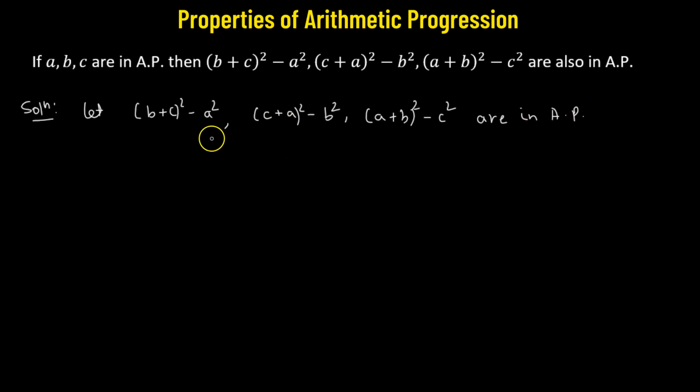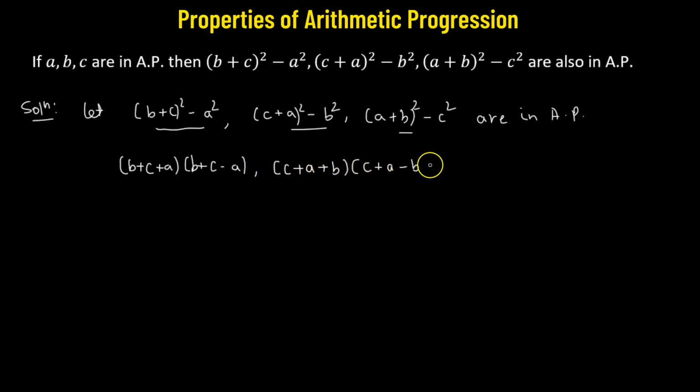Now we will expand each of these expressions. So here (b plus c) whole squared minus a squared is (b plus c plus a) multiplied to (b plus c minus a). Then the next expression is (c plus a plus b) multiplied to (c plus a minus b).